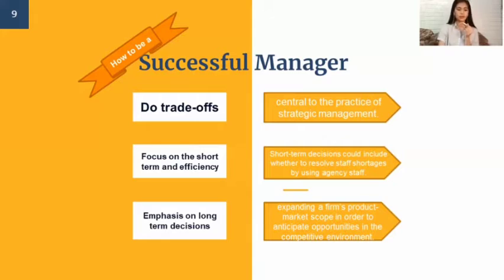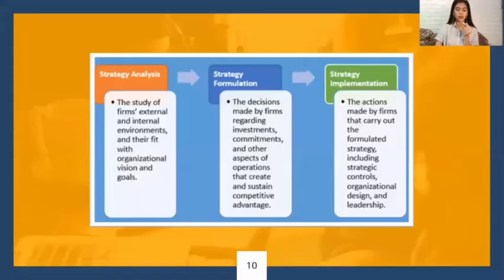Moving on, we now have the strategic management process, which will be discussed further by my group mates as we go on in the discussion, but let me just define it for you briefly. So first, we have strategy analysis. This is the study of firms' external and internal environments and their fit with their organizational vision and goals.